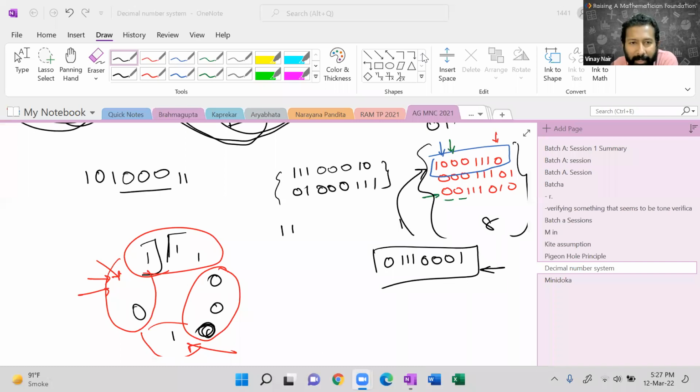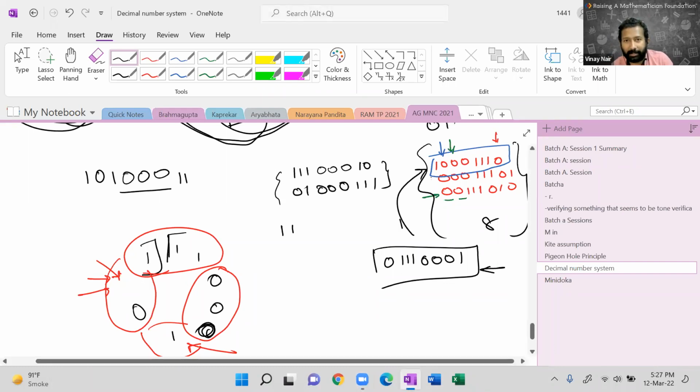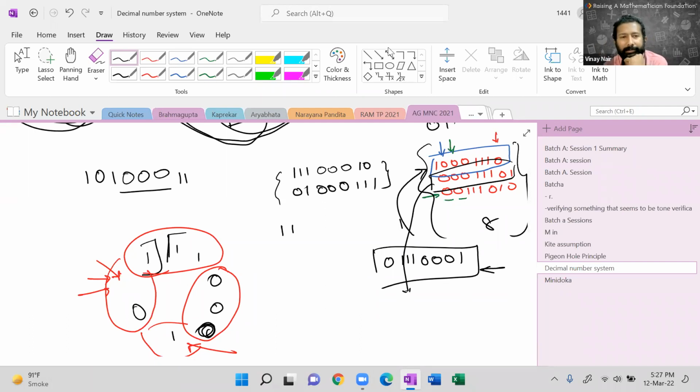I want people to think and tell me what is your final answer. Will it be 8 or 16? I'm saying 16 because I can have a mirror image of this, and that will also generate. So will there be 8 solutions or 16 solutions? You can put the answer in the chat.